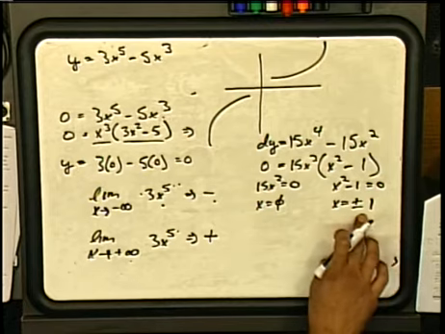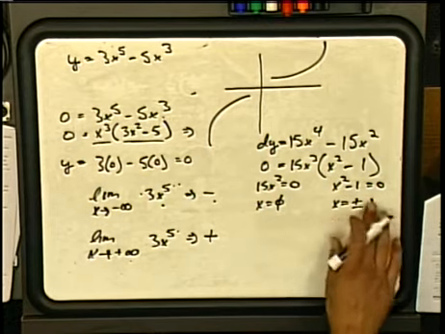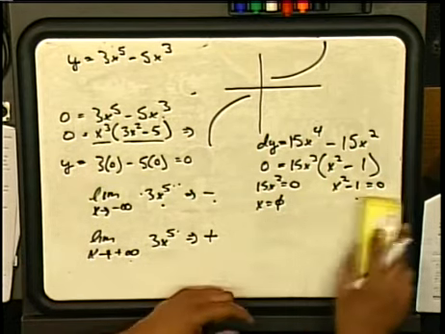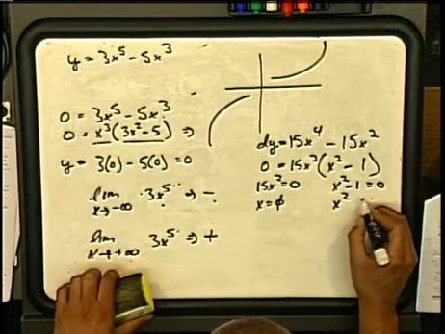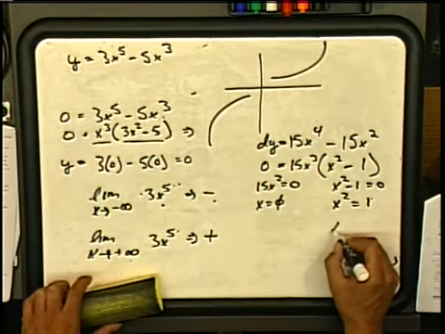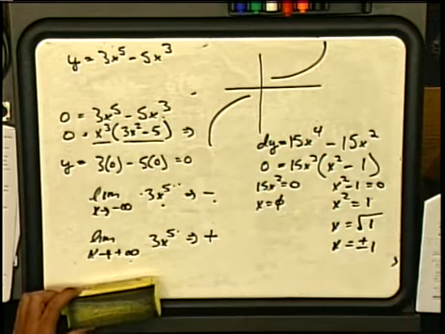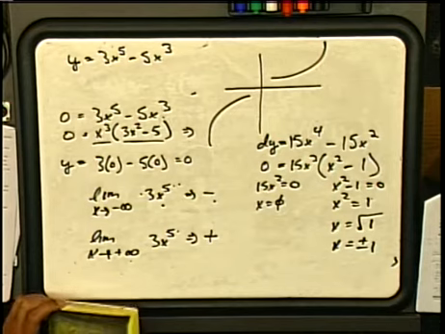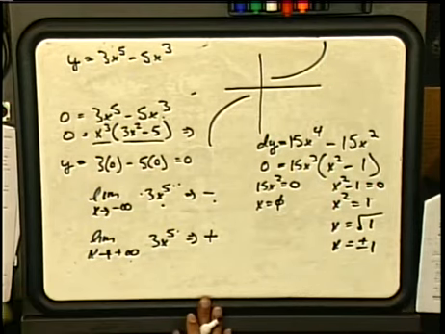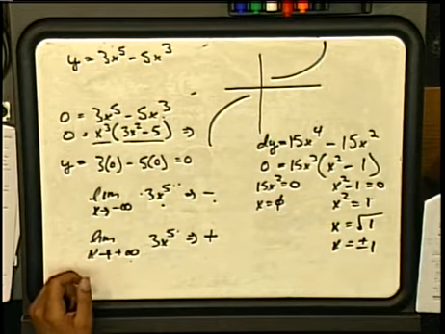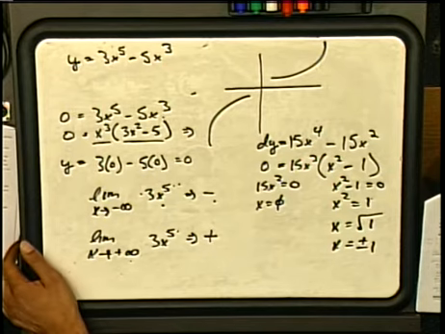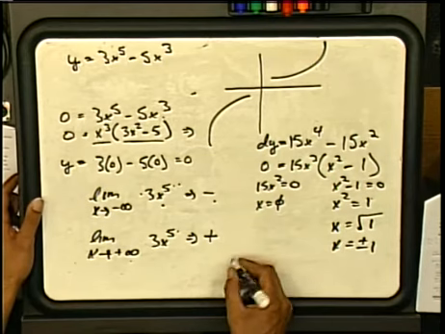Yeah, that's the answer, though. You're right. x squared equals 1. x equals square root of 1. x equals plus or minus 1. Yeah, those are your critical points.